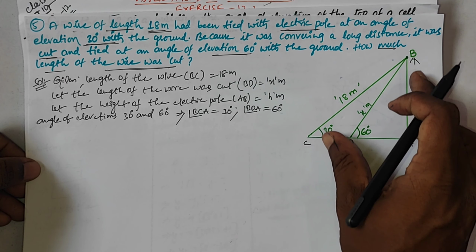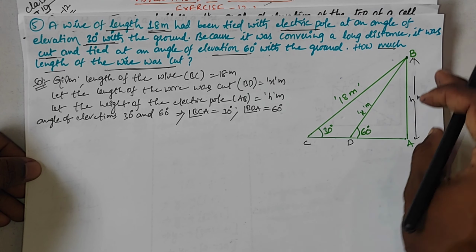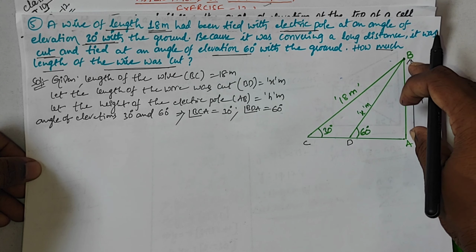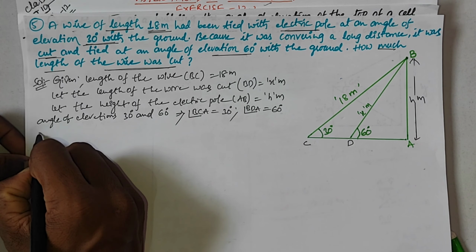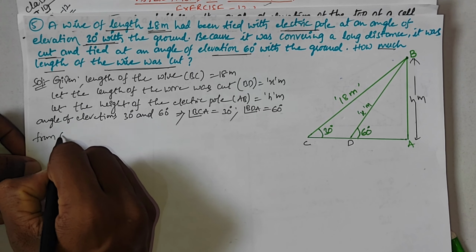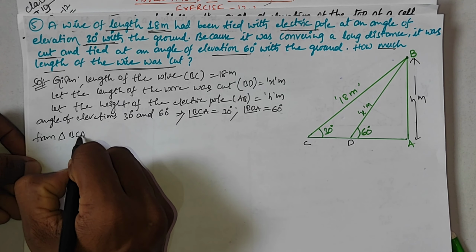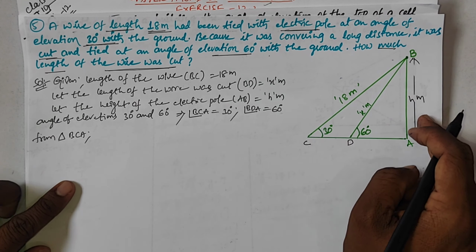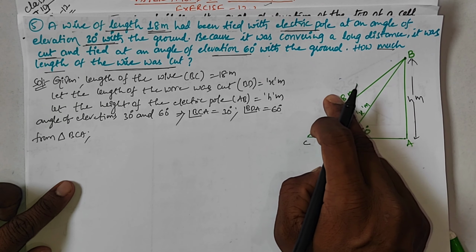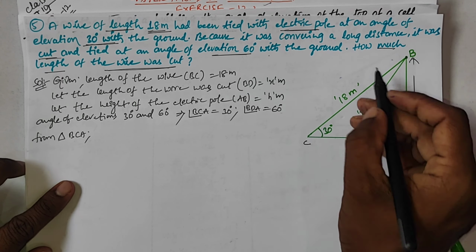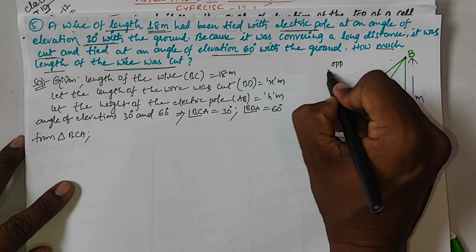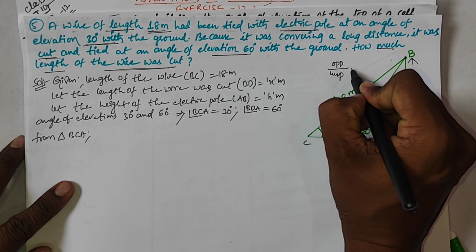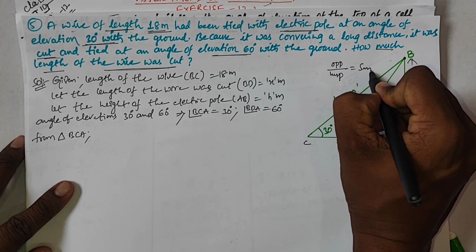We'll consider first triangle BCA to find the height of the electrical pole. Okay? From triangle BCA, with respect to angle BCA of 30 degrees, we have the opposite side and the hypotenuse. Side opposite to the hypotenuse, which trigonometric ratio do we have to consider? Sine. Right?